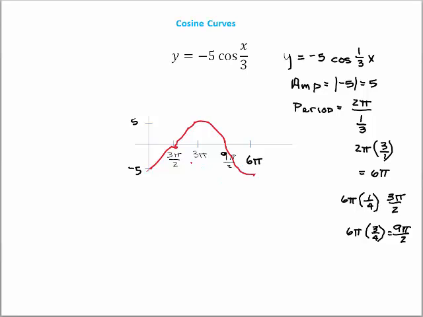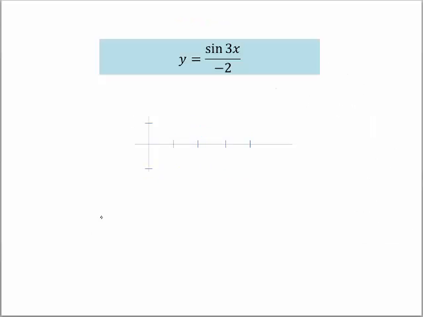Alright, think you got the idea? Ready to try one on your own? Here's one to try on your own. Stop the video and try this, and then look at the answers in the information tab. I'm going to help you out just a little bit here.